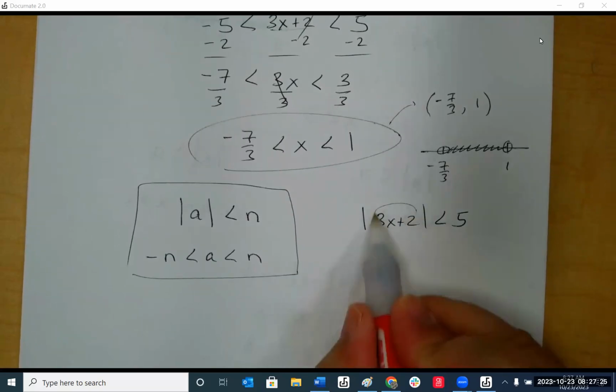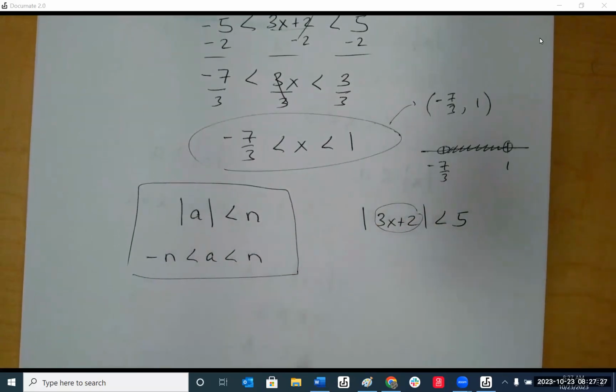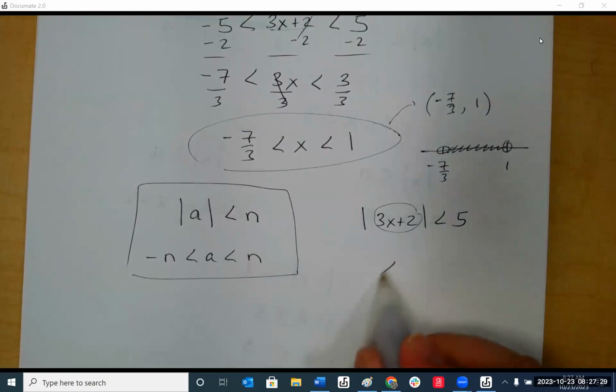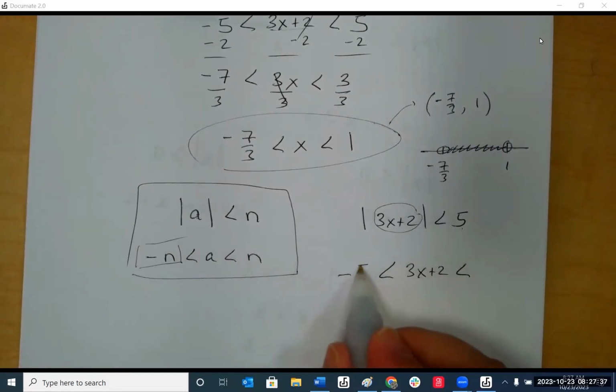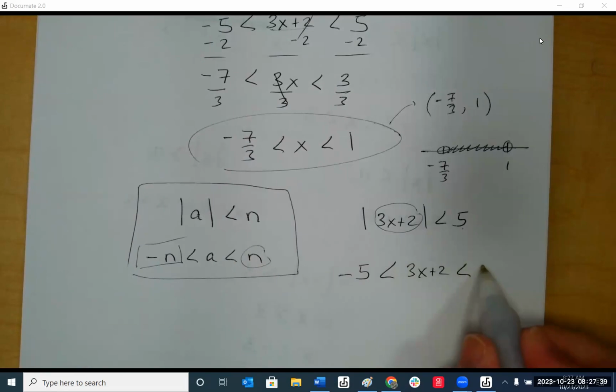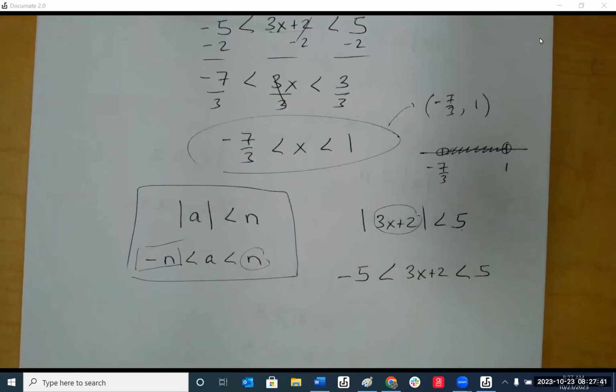So this is my A, that's inside the absolute value. So I put it between the inequality signs. On the left-hand side, it's negative the number. On the right-hand side, it's the number. It's just much faster doing that.